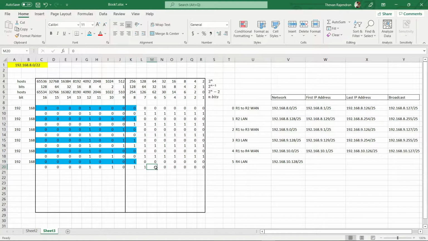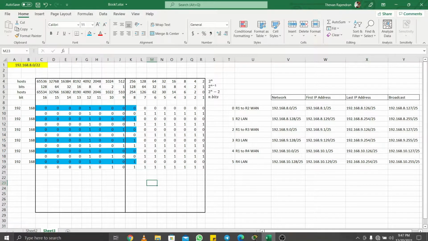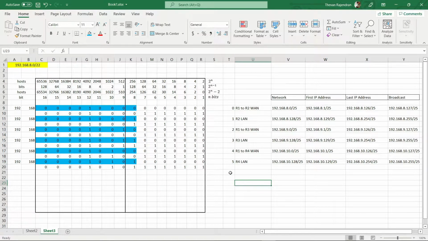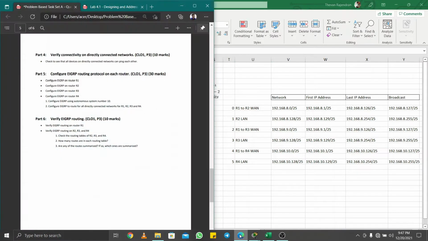And the broadcast IP address will be the last IP address in the network. So that will be the addressing table. Now we are ready to configure the devices.